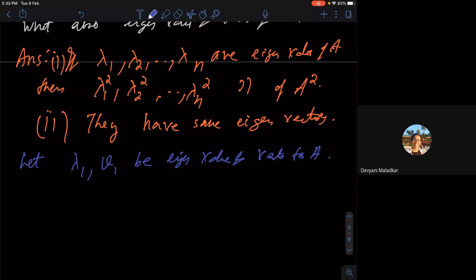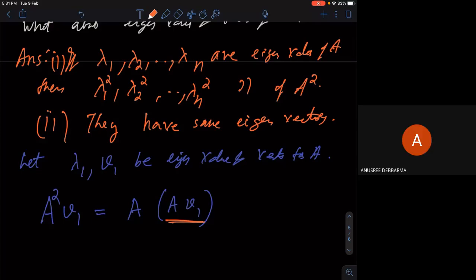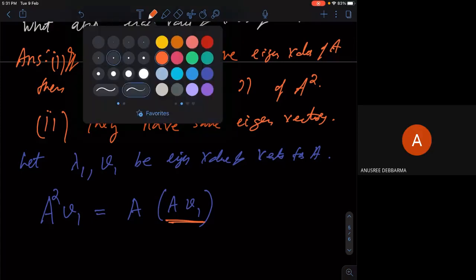I'm going to do A square v1. This is the same as A times A v1. But what is A v1? We already know that v1 is an eigenvector for A with eigenvalue lambda 1, so A v1 is lambda 1 v1.